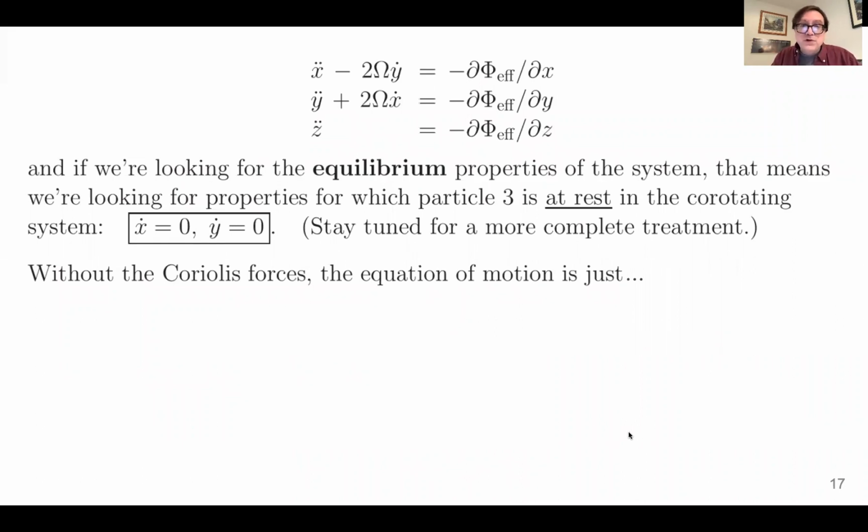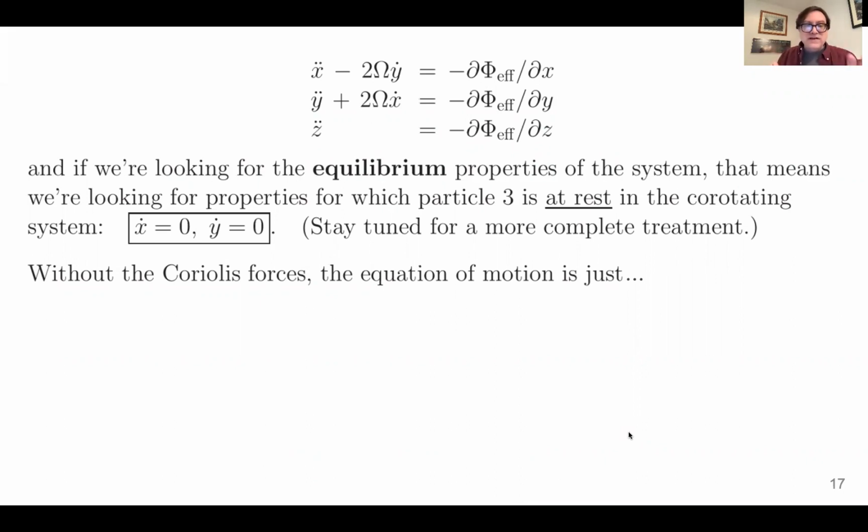Soon we'll take those Coriolis terms seriously and look at their implications. But right now, let's restrict our field of vision. Let's look only at the equilibrium properties of the system: how does the system behave, what's the physics, what are the forces when particle 3 is at rest in this co-rotating frame?